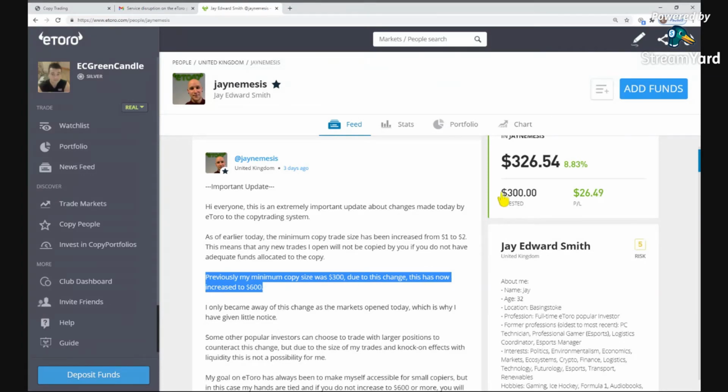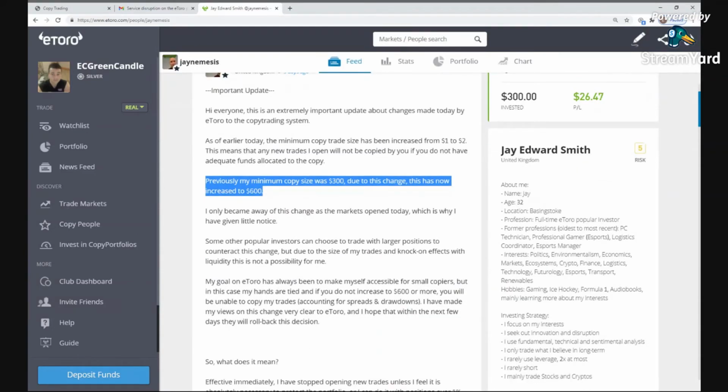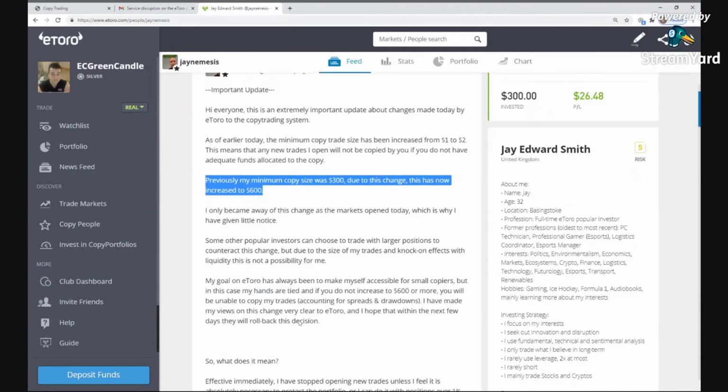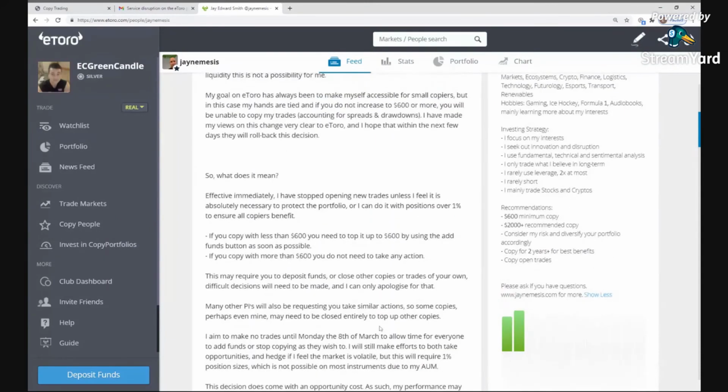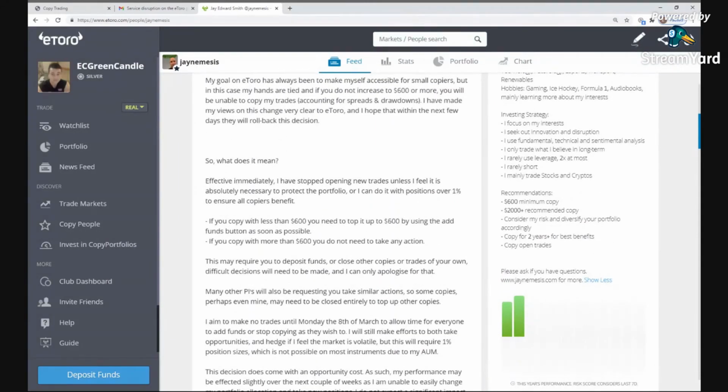Like me, if you're at $300, to $600. I'm not sure how you're going to do that. Some people might be able to. I've seen about 1,300 copiers over the last 7 days have closed their copy with JNemesis, probably because they don't have the extra $300, but you need to work that out.